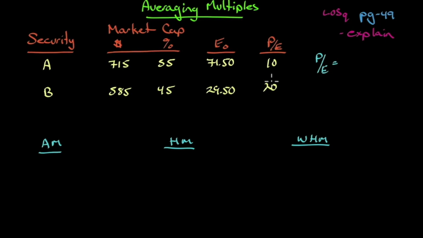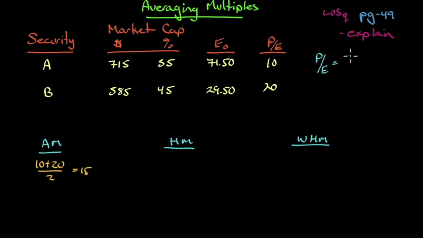So if we're trying to find an average PE for the portfolio, we wouldn't just say 20 plus 10. If we were doing an arithmetic mean down here, that's exactly what we would do. We'd say it's 10 plus 20 over 2 equals 15. That would be sort of the wrong way to do it. How we would do it without using a harmonic mean or a weighted harmonic mean is quite simply you'd say, well, it's price divided by earnings.